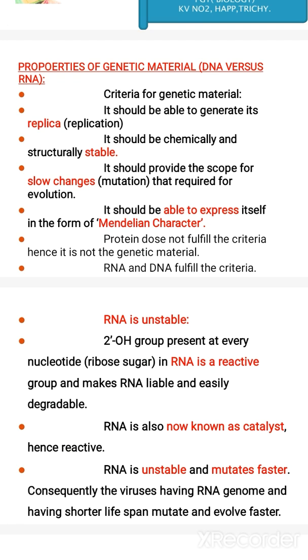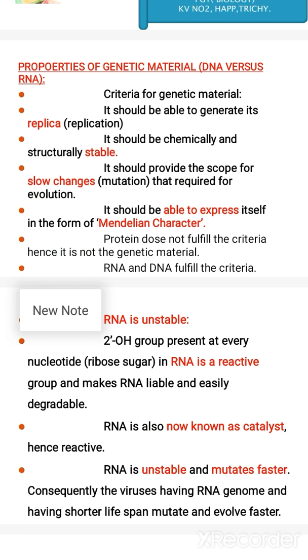When you see the criteria, first it should be able to replicate. That is replication. It should be able to generate its replica. The second one, it should be chemically and structurally stable. But though it should be stable, there should be scope for slow change. It can be mutation and other changes. Then only evolution can be there.